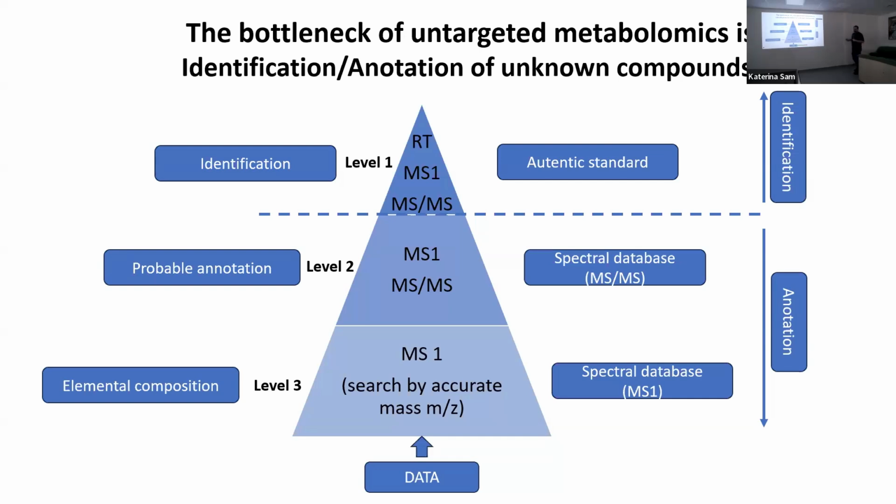If I have the authentic standards, I measure the retention time, the full scan and MS/MS. Only if I have these three pieces of information do I have identification of the compounds. This is very important, because if I need to identify the compounds, I need the authentic standards. If I don't have the authentic standards, I don't have identification, I have only annotation, and it's a really big difference.